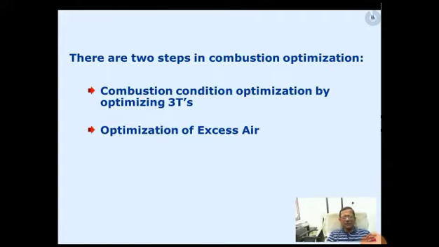The normal understanding is that combustion optimization means optimizing air, but before optimizing air, we need to ensure that whatever air we are giving is properly utilized, and that can only happen if we optimize the 3Ts in the system, right? So combustion condition optimization is the optimization of the 3Ts.